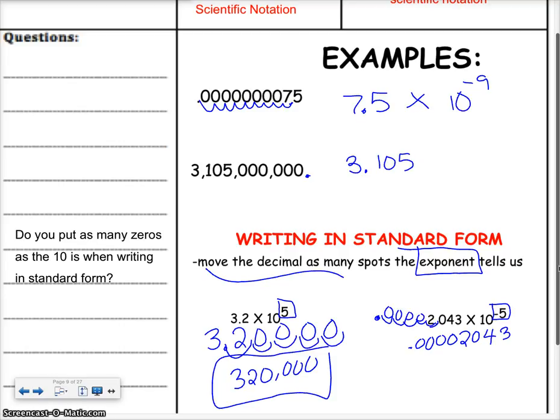Now I end in zeros, so now I can say times 10 to the, and then I need to count how many spots I would need to go to get to the right. Pay attention to me. How many spots to get back to where I started? 1, 2, 3, 4, 5, 6, 7, 8, and 9. Positive because I went to the right.